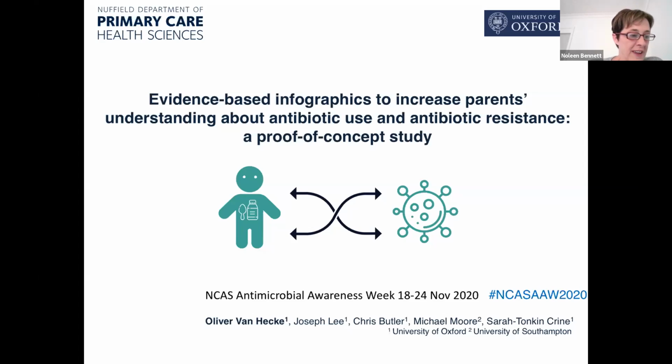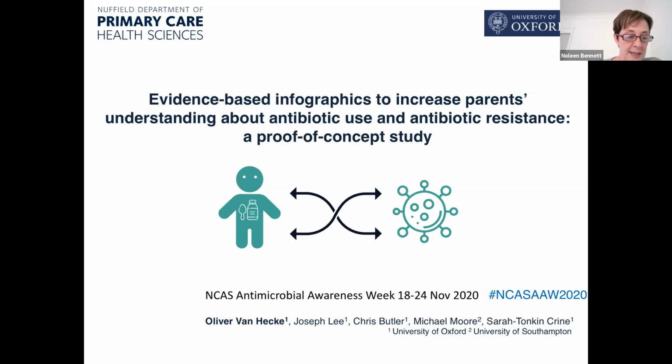Dr. Oliver van Hecke is a clinical researcher at the University of Oxford and practicing GP. His research focuses on ways to optimise antibiotic prescribing and reducing the impact of antimicrobial resistance in primary care. This stems from his work as a generalist practicing in the National Health Service in the UK, with first-hand experience of the difficulties that clinicians encounter of whether to prescribe an antibiotic or not.